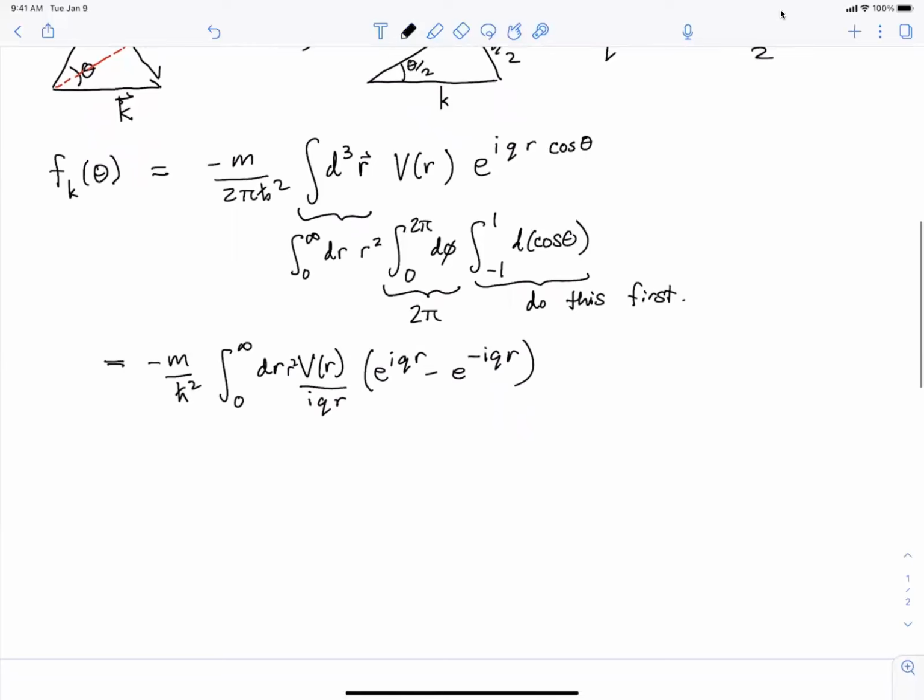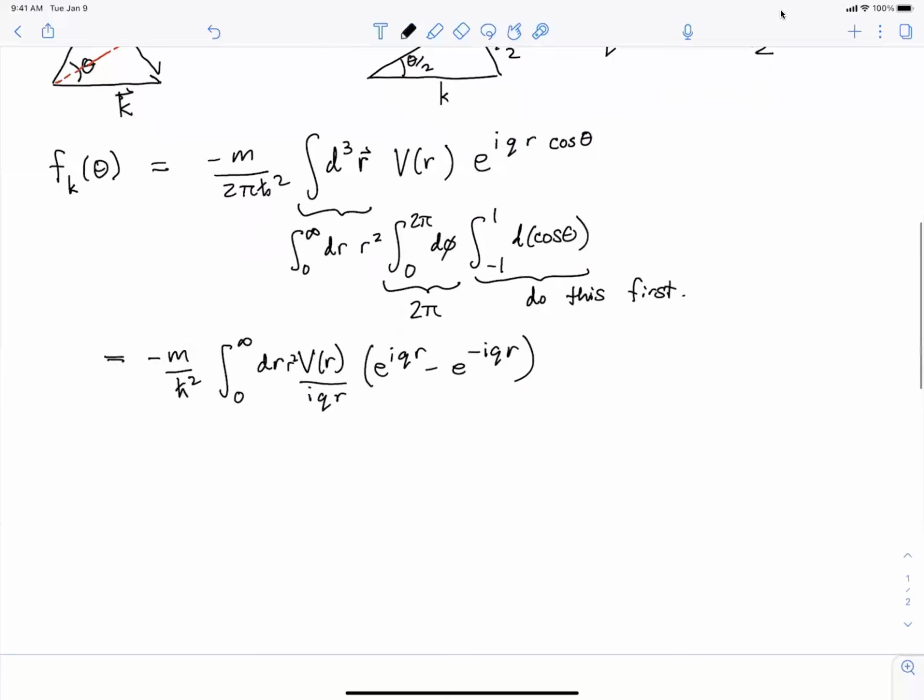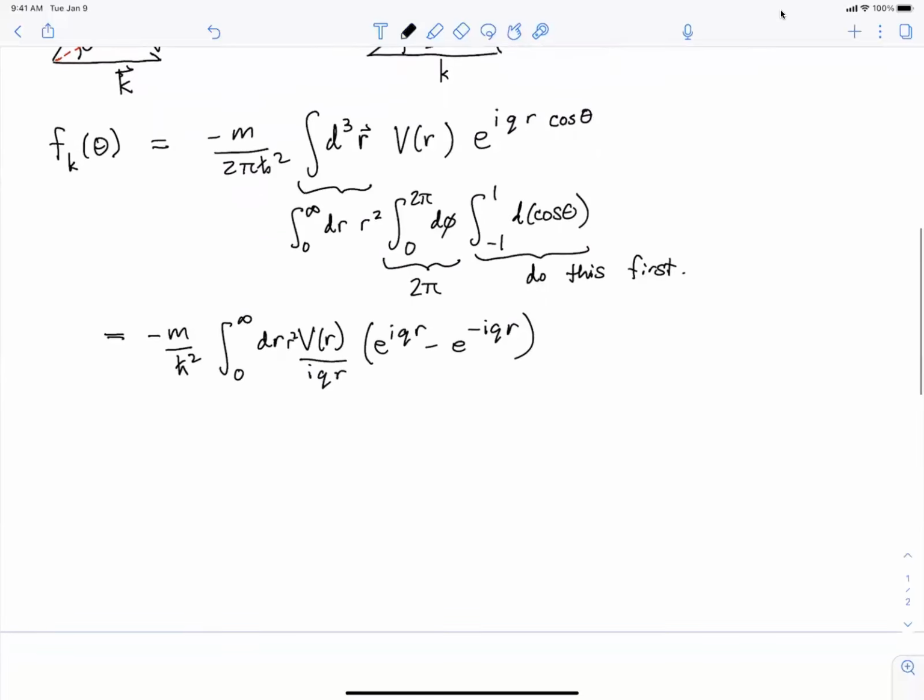And now e to the iqr minus e to the minus iqr over i is related to the sine of qr. So this is equal to f_k of theta is equal to minus 2m over h bar squared.